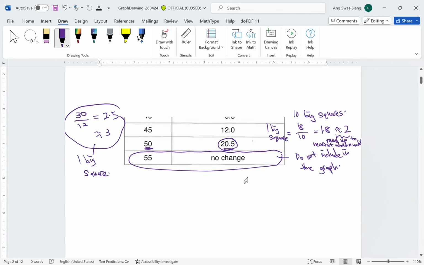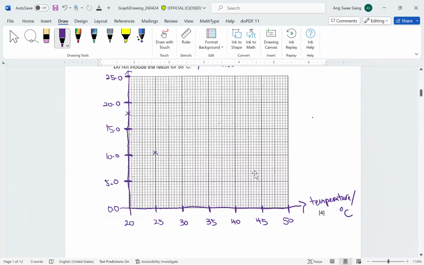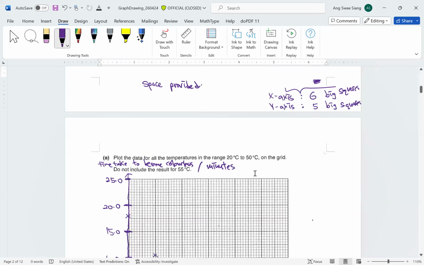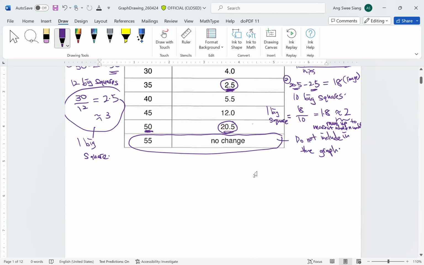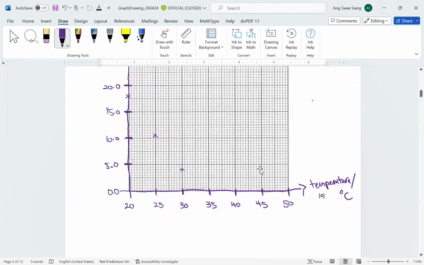Then the next one is 30. Use crosses to indicate the data point, to mark out the data point. Do not use dots, unless the question asks you to use dots. Then 35 is 2.5.